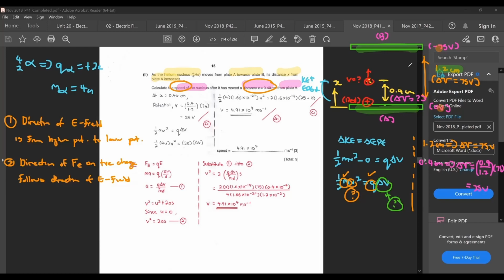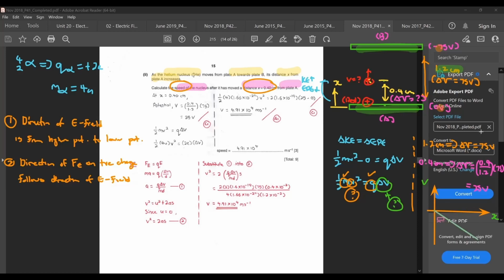I know I can use a ratio like this because the variation of electric potential with distance is linear, okay? This is what I mentioned to you earlier in the lesson. So say right now, if I try to draw for you a graph of electric potential versus distance, say this one is V to X, it should be linear like this.